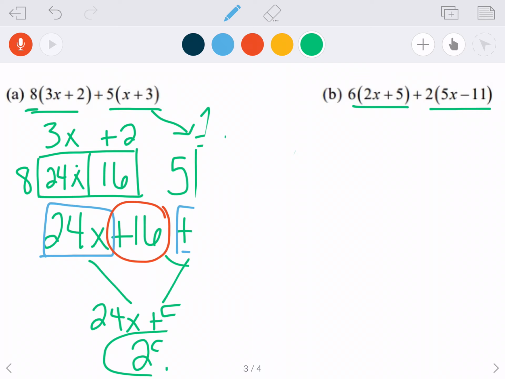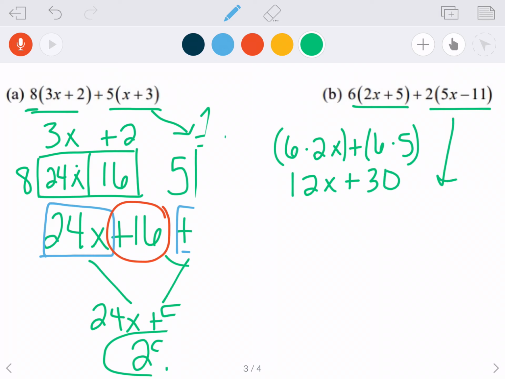So I'm going to use the other method this time for those of you that like that. So I'm going to do 6 times 2x plus 6 times 5, and I get 12x plus 30.